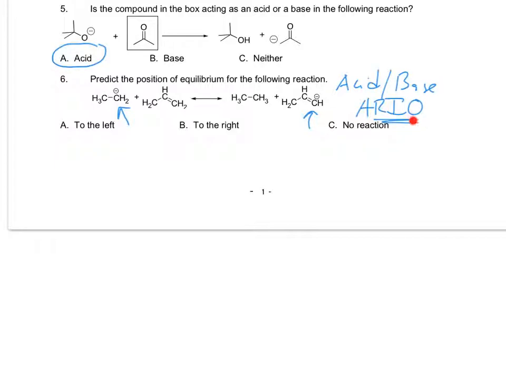And that leaves us only with O for orbital. And so these are in different orbitals. This is an sp3 orbital. This is an sp2 orbital.